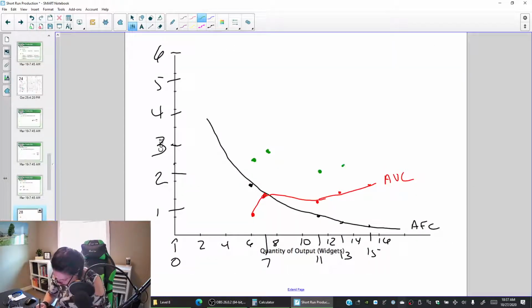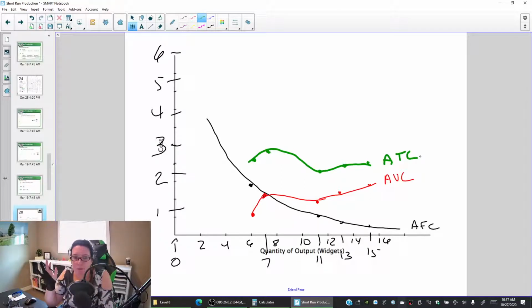That's 13, and then, okay, average total cost.